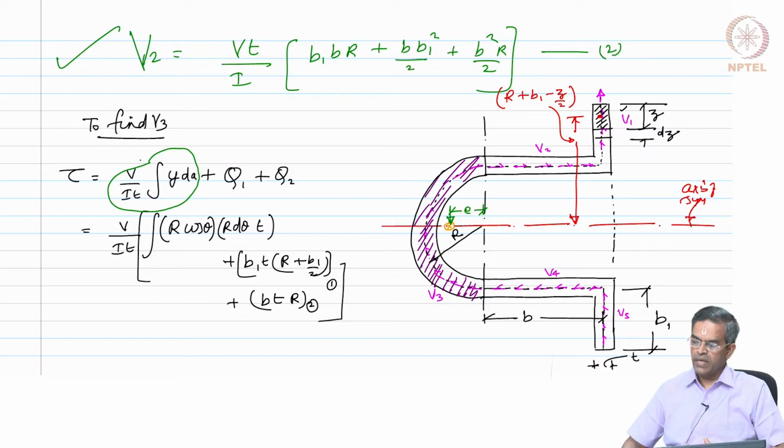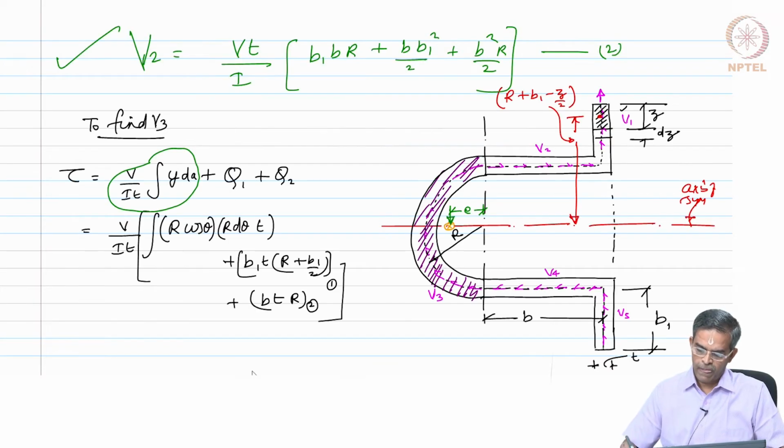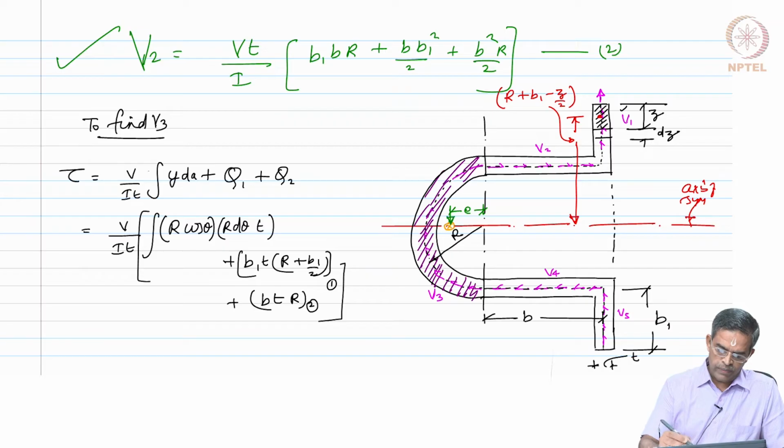For the remaining section, we already have the forces with us, into BR. Let us mark it this way. This y dA is only for the curved section.